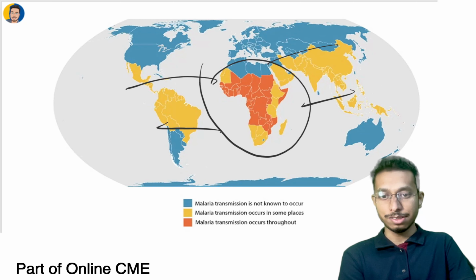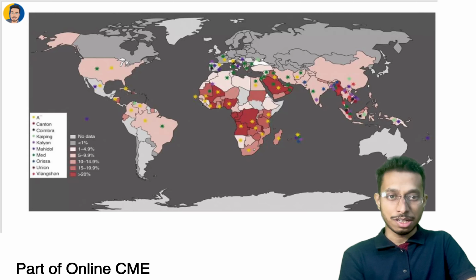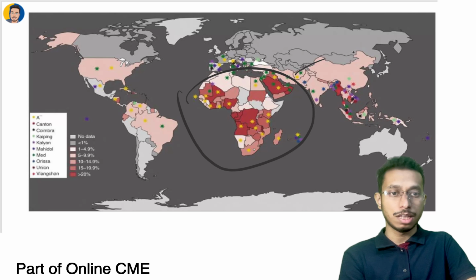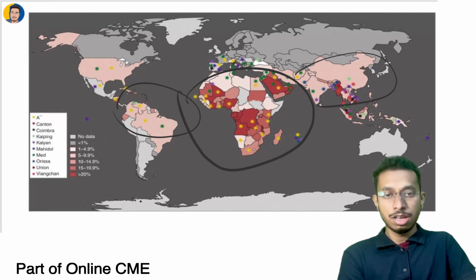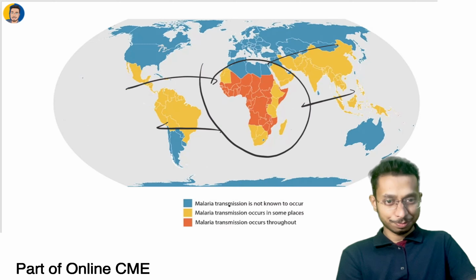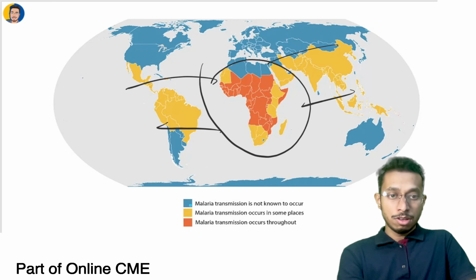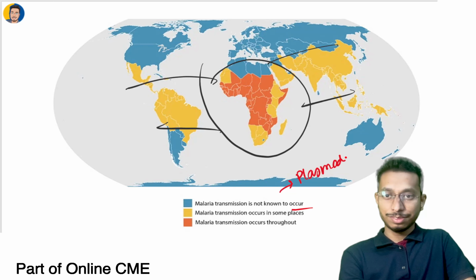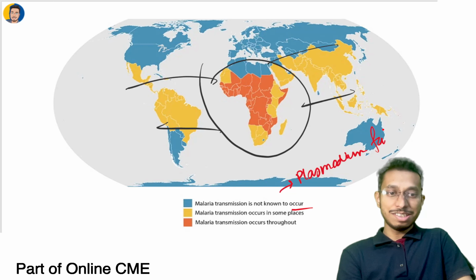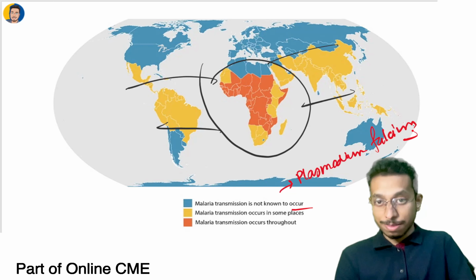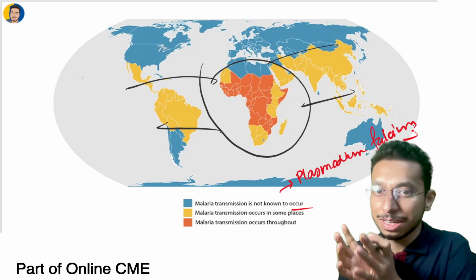This is a graph representing the overall incidence of glucose-6-phosphate dehydrogenase deficiency, and this is the transmission of malaria, mainly Plasmodium falciparum malaria. So this epidemiological graphical representation itself represents G6PD deficiency.